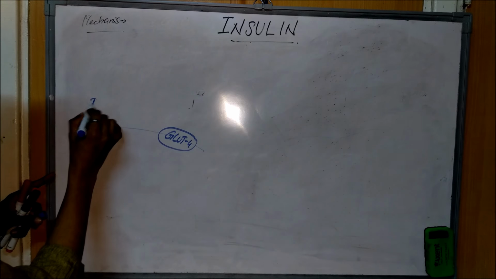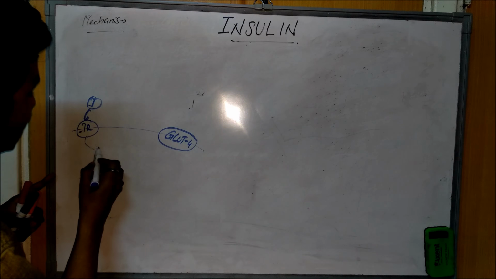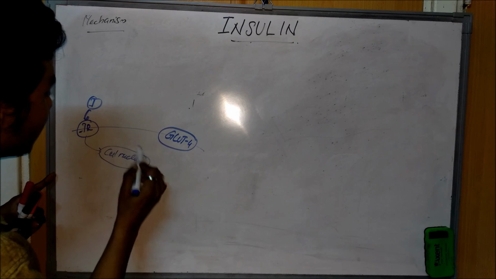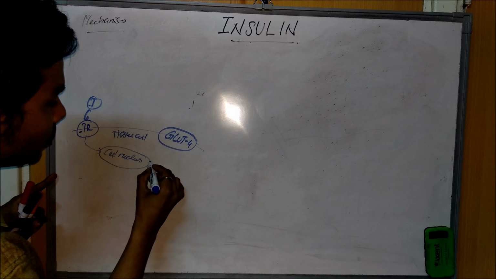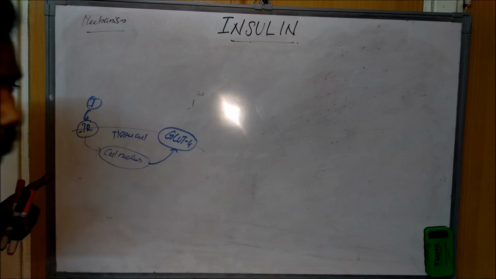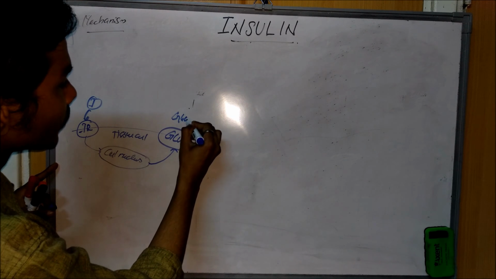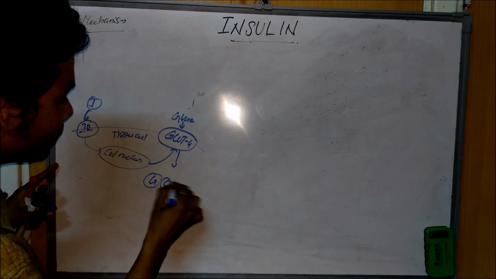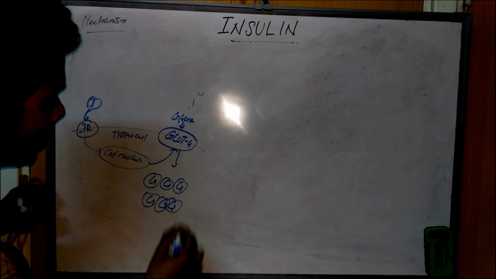So when the insulin comes to these insulin receptors, it will initiate the cell nucleus. This is a tissue cell. This cell nucleus will initiate the GLUT4 channel to open, so the glucose will enter into the channel. There will be an increasing uptake of glucose, the energy.